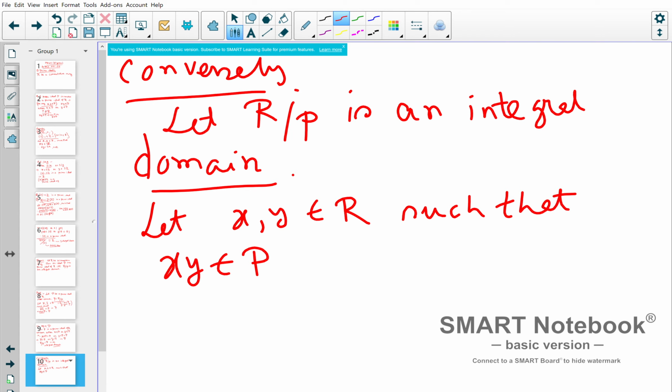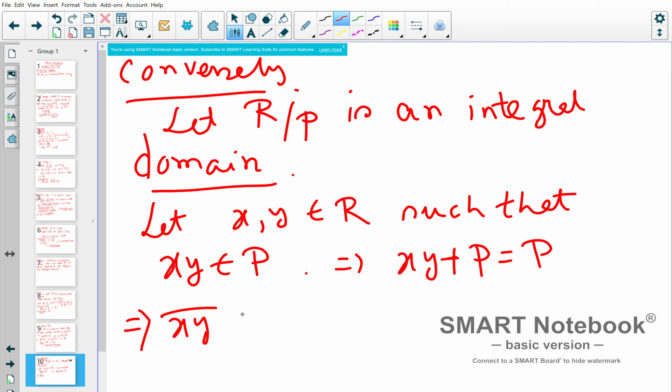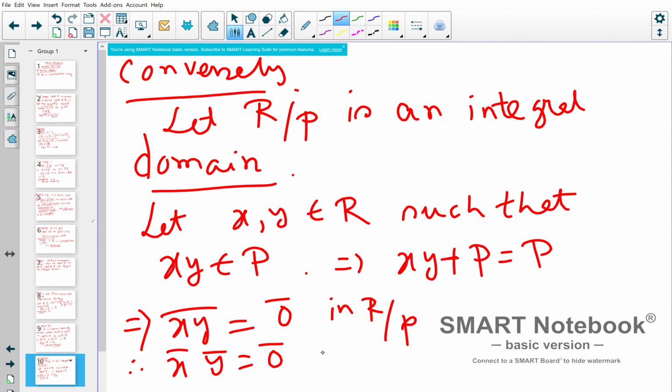So this implies that xy plus p equals p, the cosets are the same, and that implies xy whole bar equal to 0 bar in R mod p, right? That means x bar into y bar equal to 0 bar in R mod p, right?